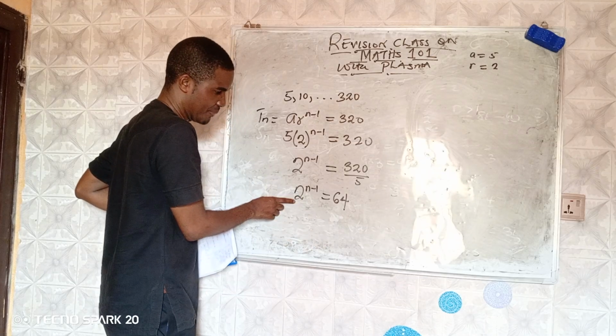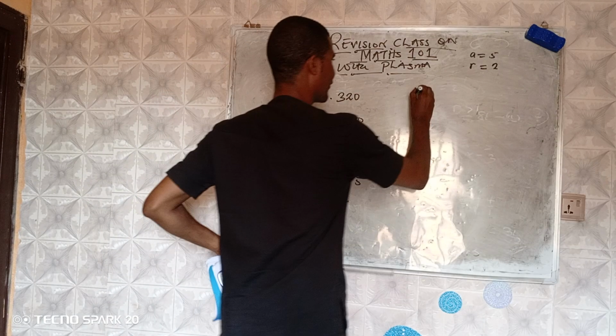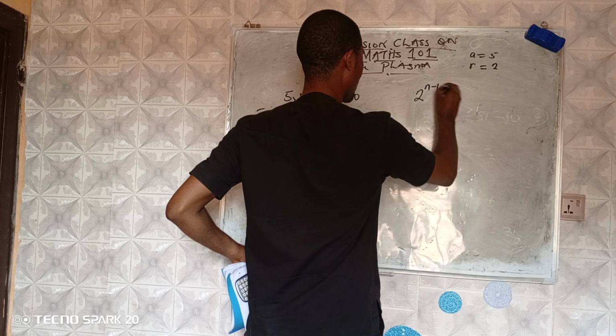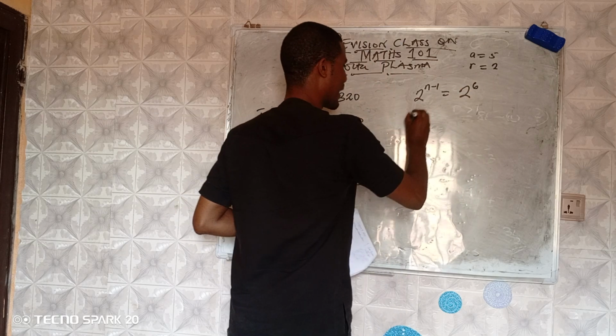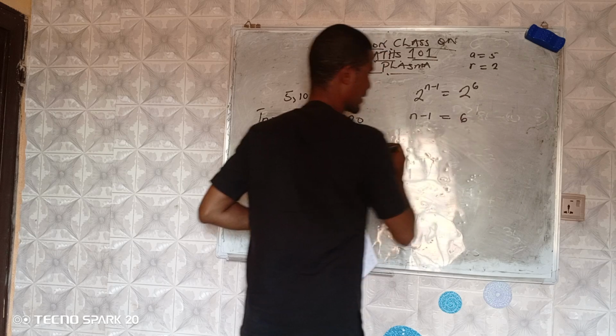Why am I using 2? Because the base here is also 2. So I have 2^(n-1) = 2^6, so that n minus 1 is equals to 6.